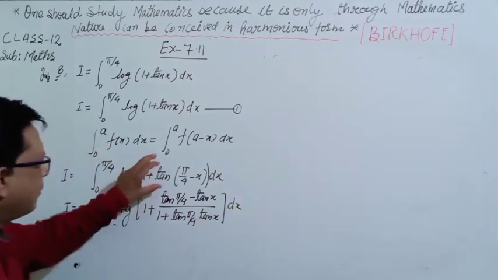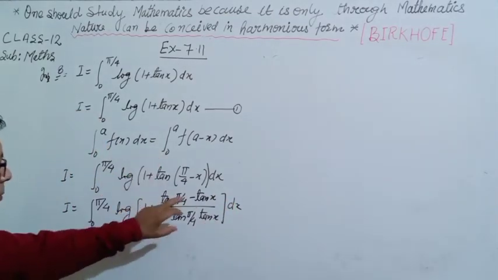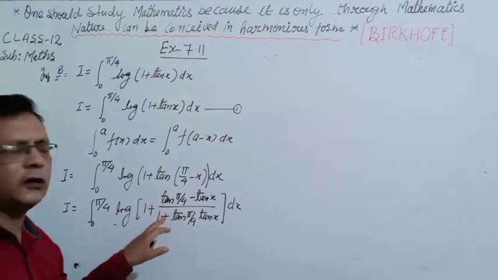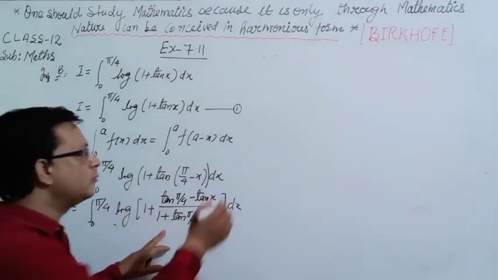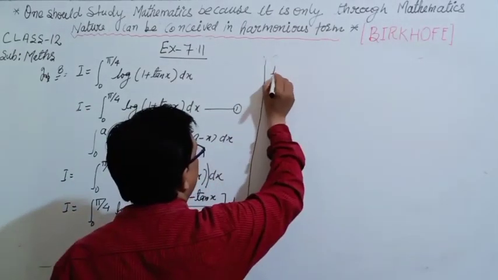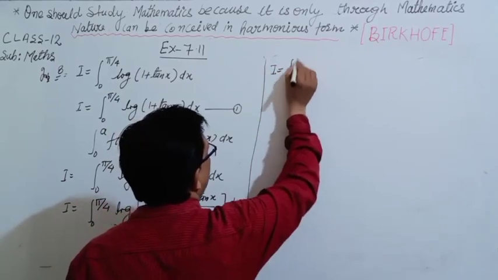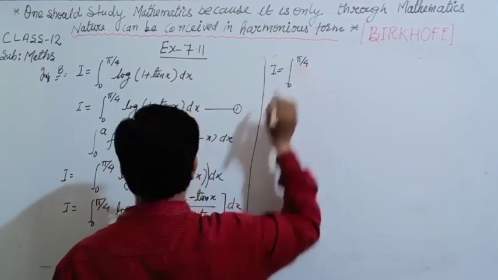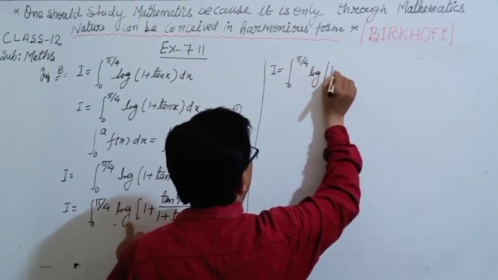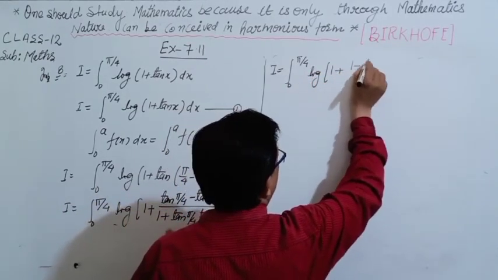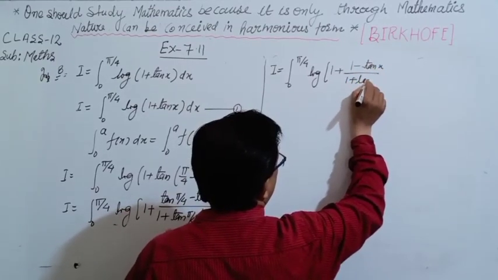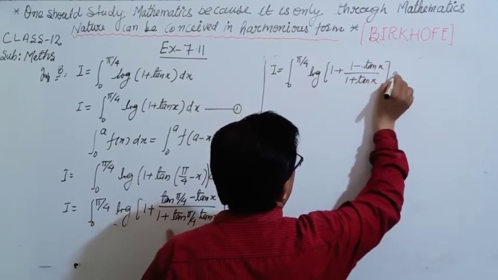Student, here we apply the formula tan(a minus b) equals tan a minus tan b upon 1 plus tan a tan b, and everyone knows the value of tan pi by 4. It is 1. So we put the value here. So I is equal to integral 0 to pi by 4 log(1 plus (1 minus tan x) upon (1 plus tan x)) dx.